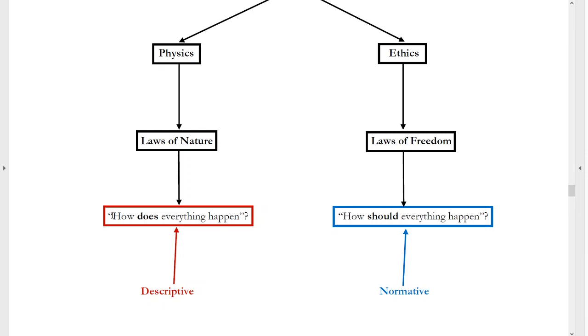What is the speed at which a physical body falls when it's unsupported? How is it that human beings act when they're in groups? The laws of nature just tell us this is how things in the universe happen. But the laws of freedom tell us how should everything happen? Or more specifically, how should rational beings act? How should their actions occur?